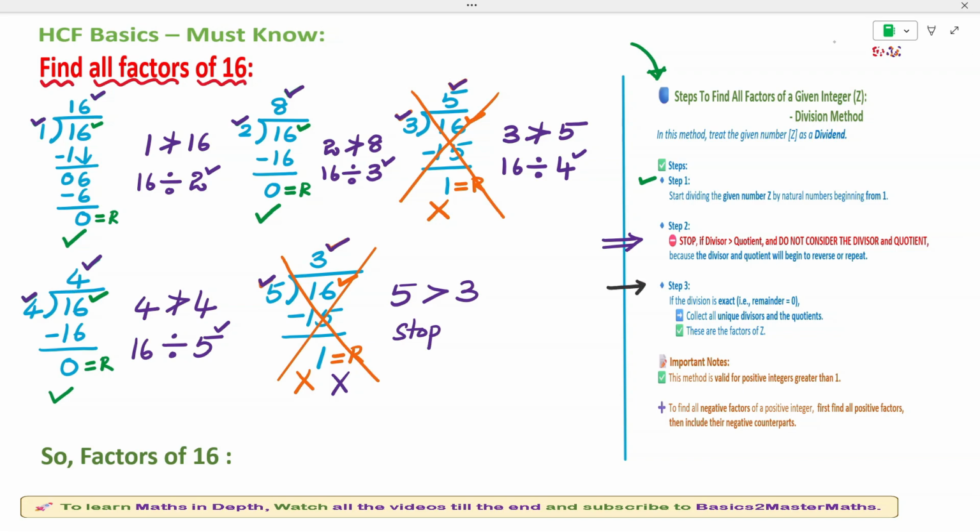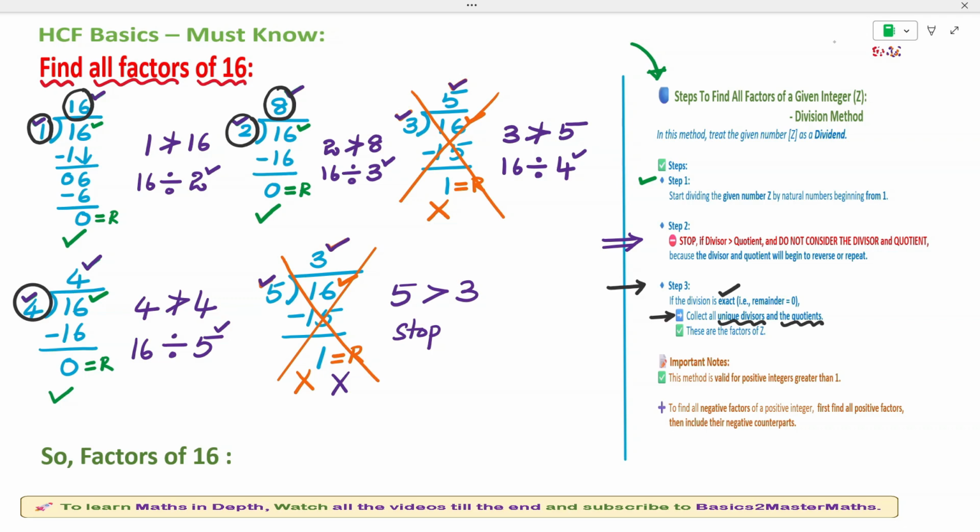Step 3. Collect all unique divisors and quotients where the division is exact. In this case, they are 1, 16, 2, 8 and 4.